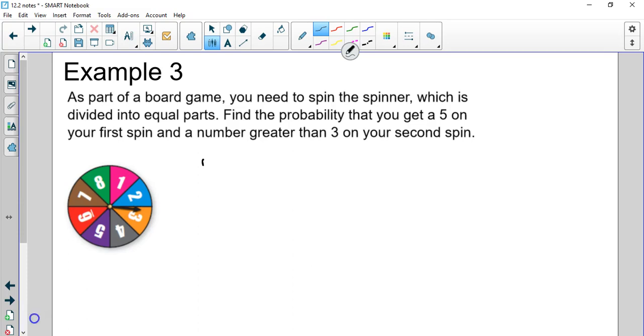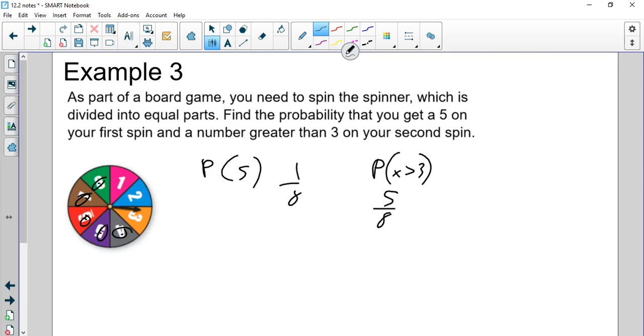Well, the probability of 5 is 1 out of 8. Now, what's the probability of a number greater than 3? My bad. Greater than 3. Well, how many is that? That's 4, 5, 6, 7, 8. That's 1, 2, 3, 4, 5. 5 out of 8.